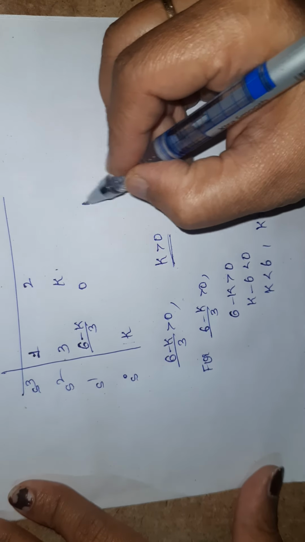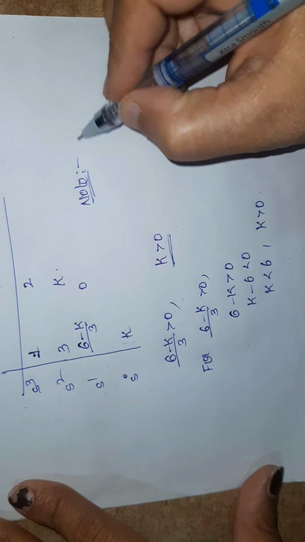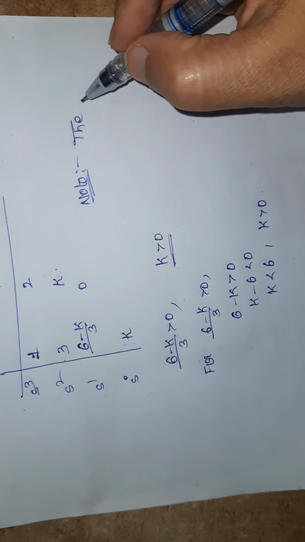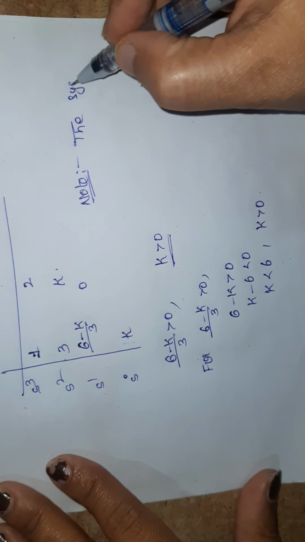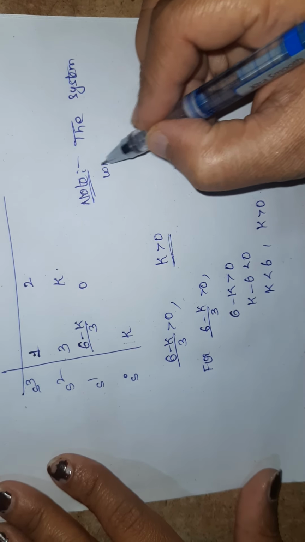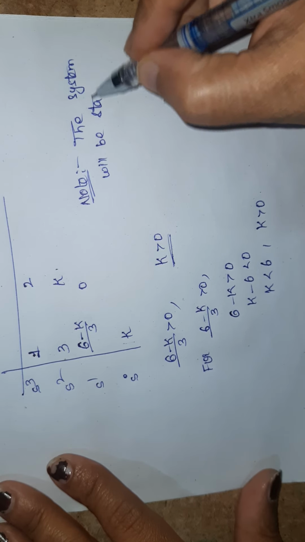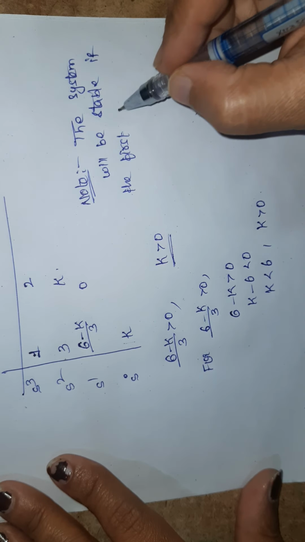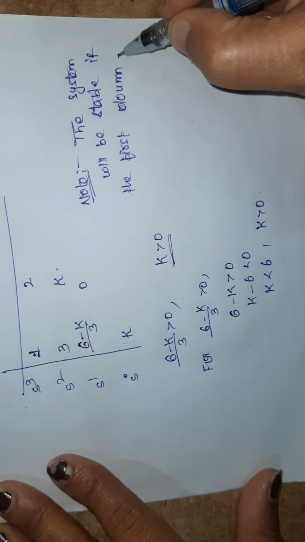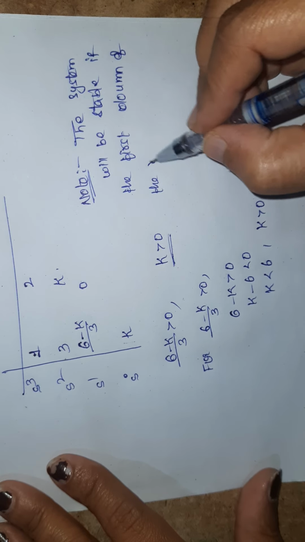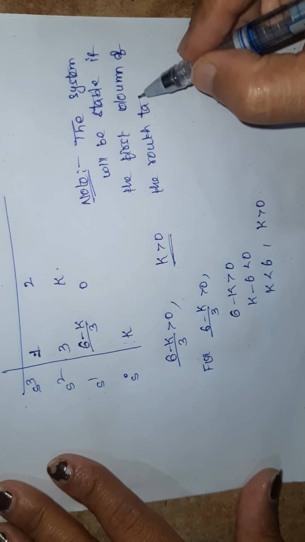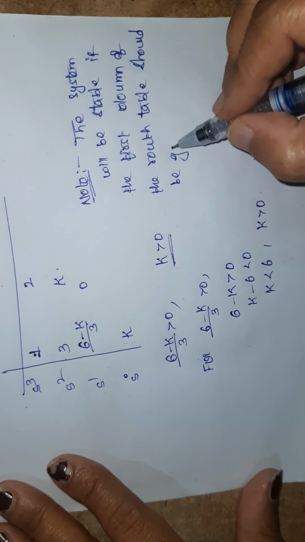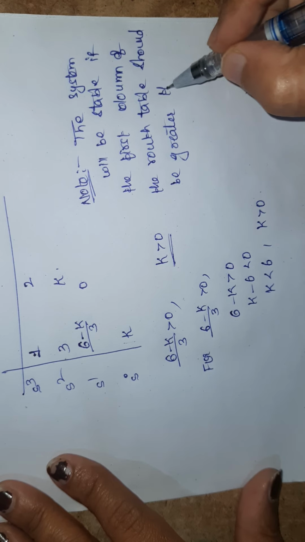Okay. So here we have to keep in mind one note point. Already it is given in the problem: for stability, find the value of K. So the system will be stable if the first column of the Routh table is greater than 0.